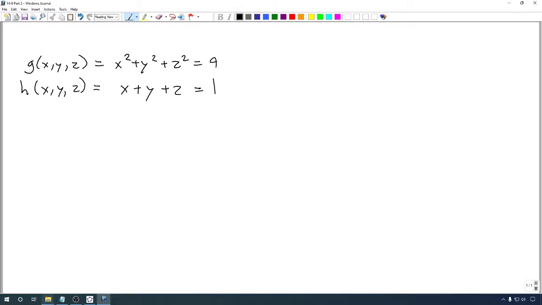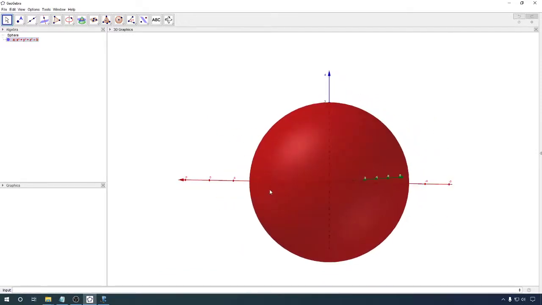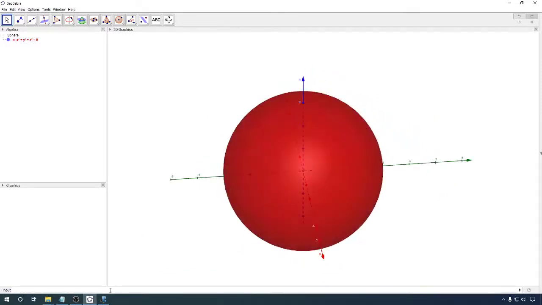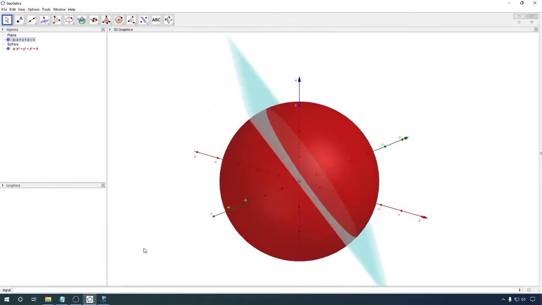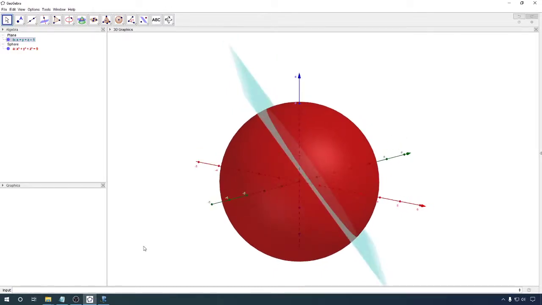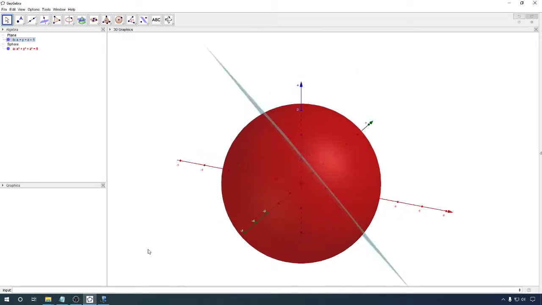If we go ahead and plot those constraints, x squared plus y squared plus z squared equals 9 is going to be a sphere with radius 3. Then x plus y plus z equals 1 is a plane that cuts through that sphere.